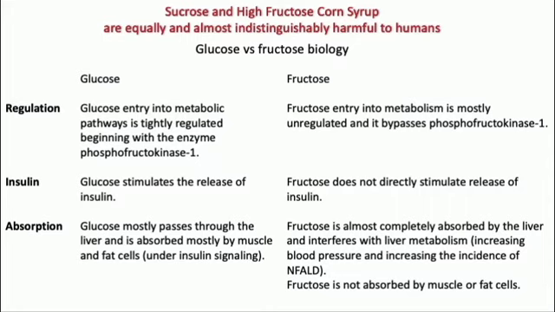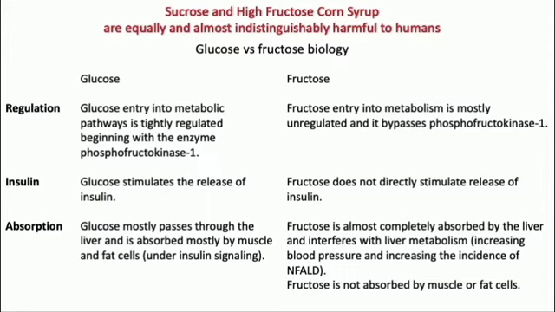The release of insulin is stimulated by glucose, but it's not directly stimulated by fructose. Most glucose passes through the liver and is absorbed by the workhorse cells in the body, muscle and fat cells. In contrast, fructose is almost 100% absorbed by the liver on that first pass, and liver and muscle cells don't even have receptors to take fructose in.